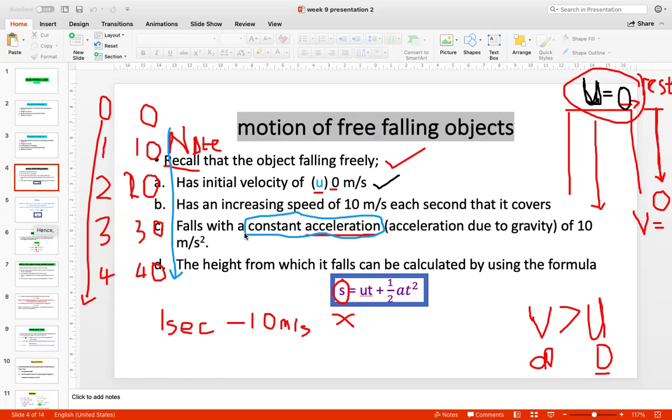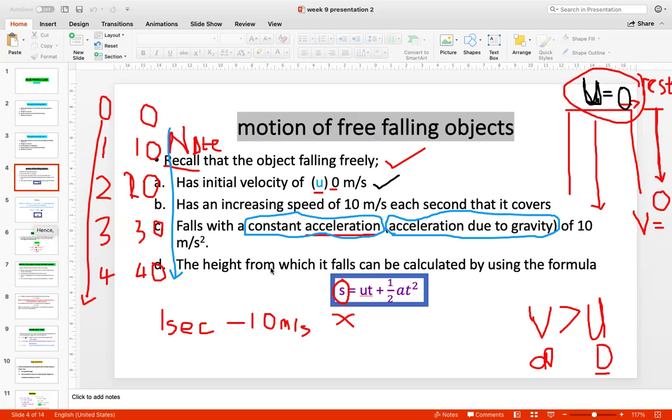Because the object is falling as a result of the force of gravity acting on it towards the Earth, we call this change in velocity acceleration due to gravity.